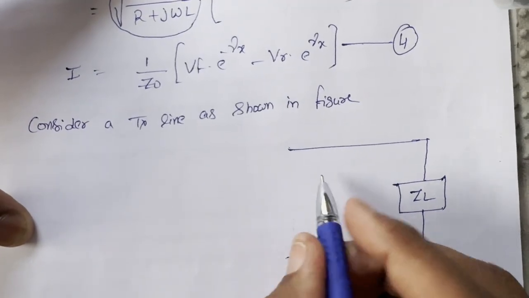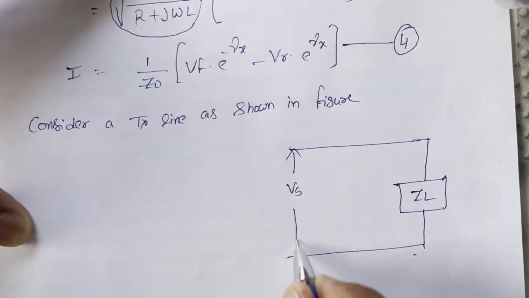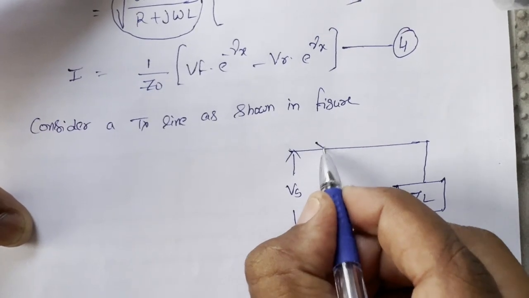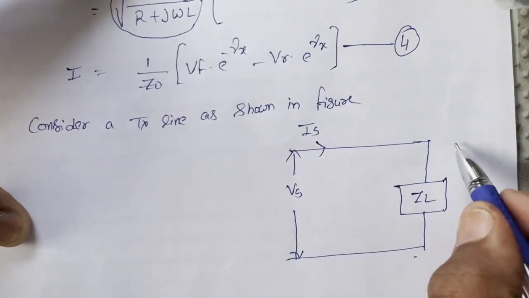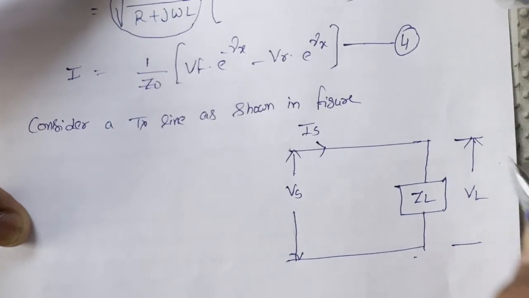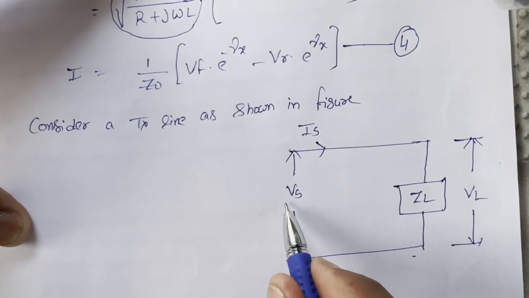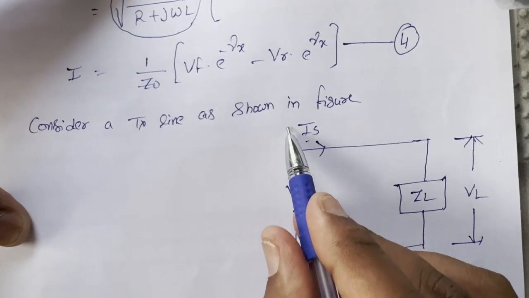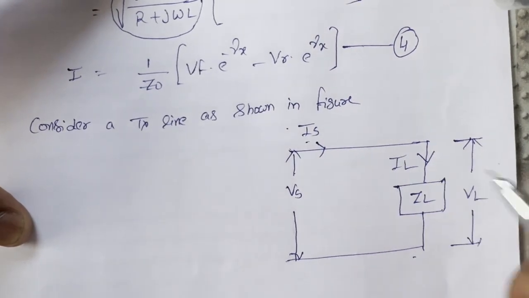At the source end the voltage is Vs and the current is Is. At the load end the voltage is VL, the voltage across the load, and the current at the load is IL.